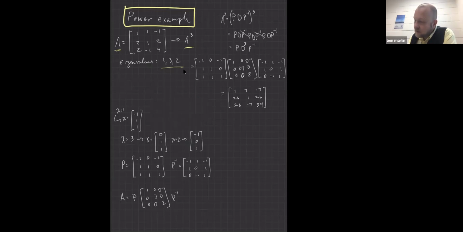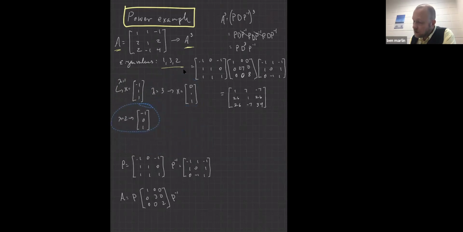And I am just going to say, all right, we know lambda equals 1 gets us this. Lambda equals 3 gets us this one. And lambda equals 2 gets us this one.